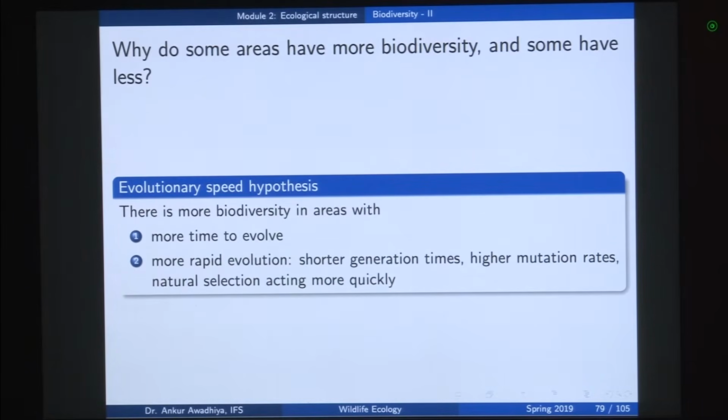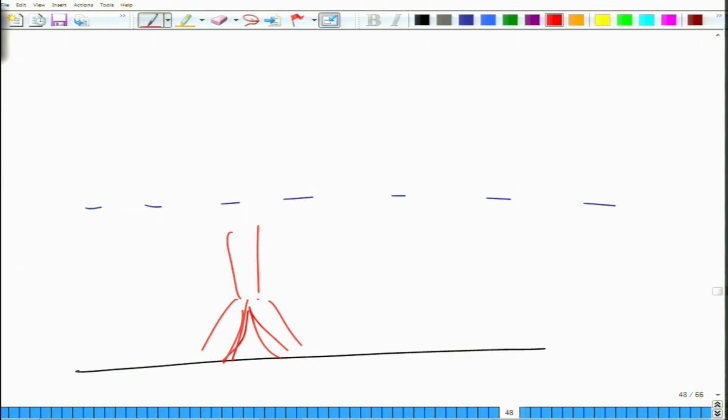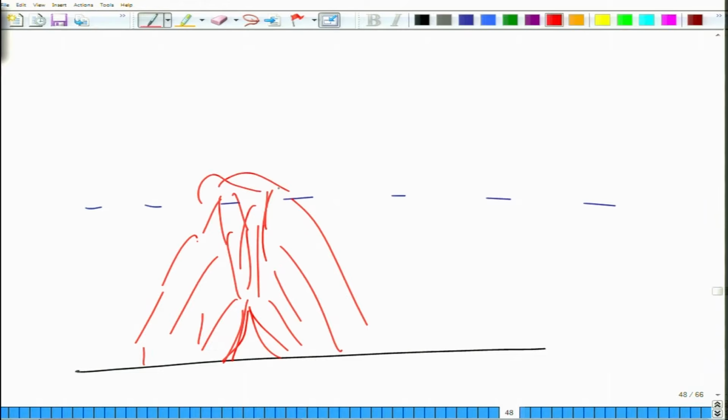Now, an intuitive example for areas that differ regarding the time available for evolution would be the case of old islands versus new islands. Now, suppose under the surface of some ocean we have, so this is the seabed, and suppose there is a volcanic eruption here which gives out the magma, and with time we have a new island that has just appeared on the surface of the sea.